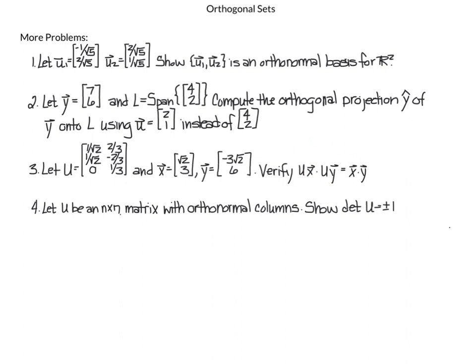We want to verify that Ux dotted with Uy is equal to x dotted with y. Again, you might look back because we've worked with this matrix before. The last problem is let U be an n by n matrix with orthonormal columns. Show that the determinant of U is equal to plus or minus 1.